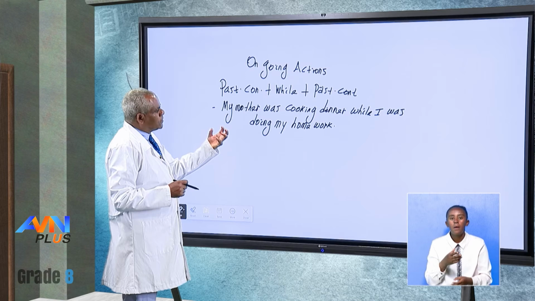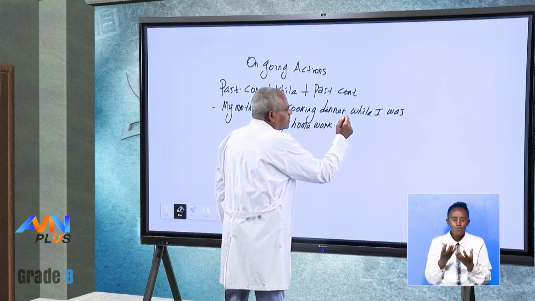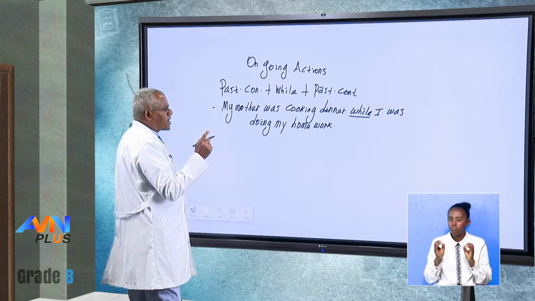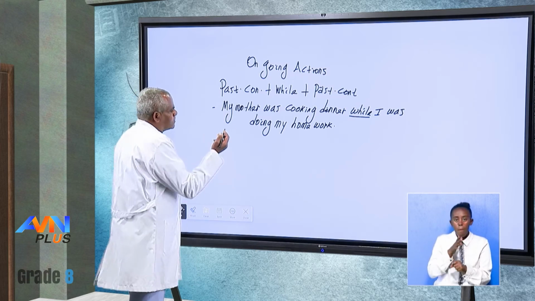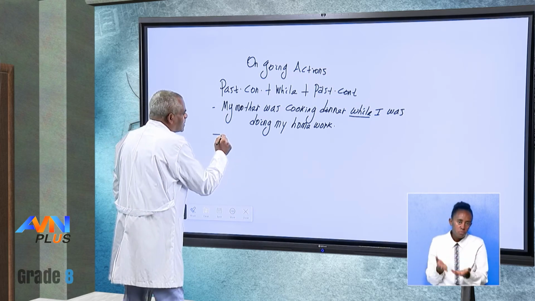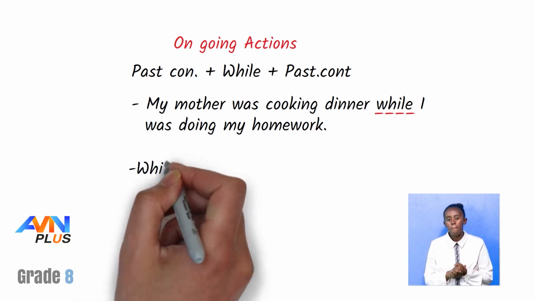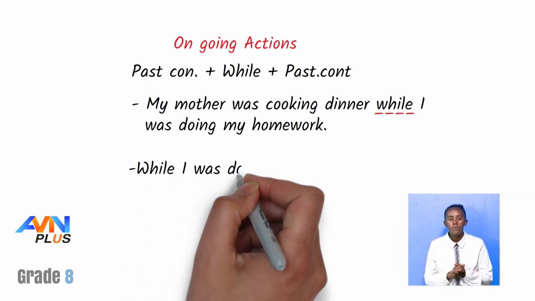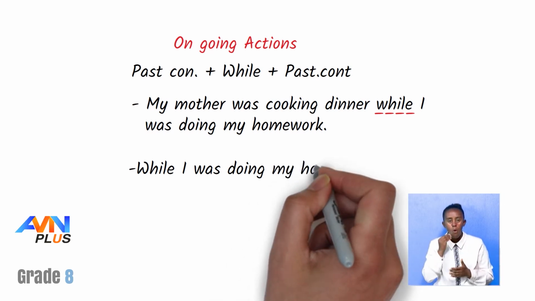My mother was cooking dinner while I was doing my homework. The word while does not have to come in the medial position. It's possible to write: While I was doing my homework, my mother was cooking.